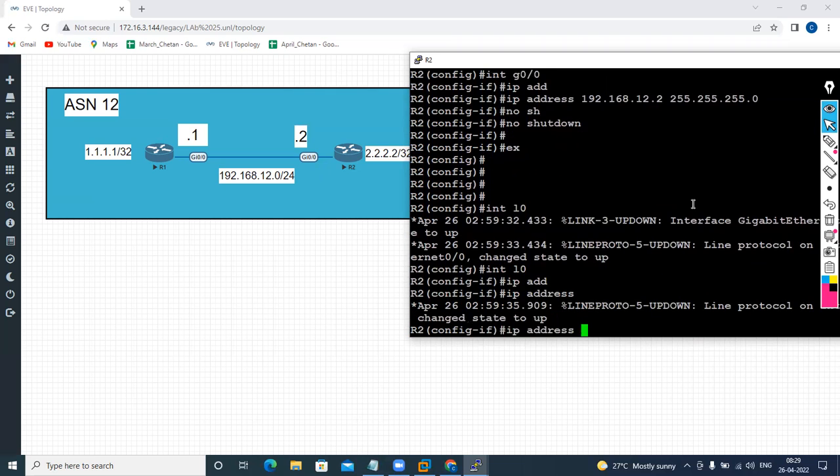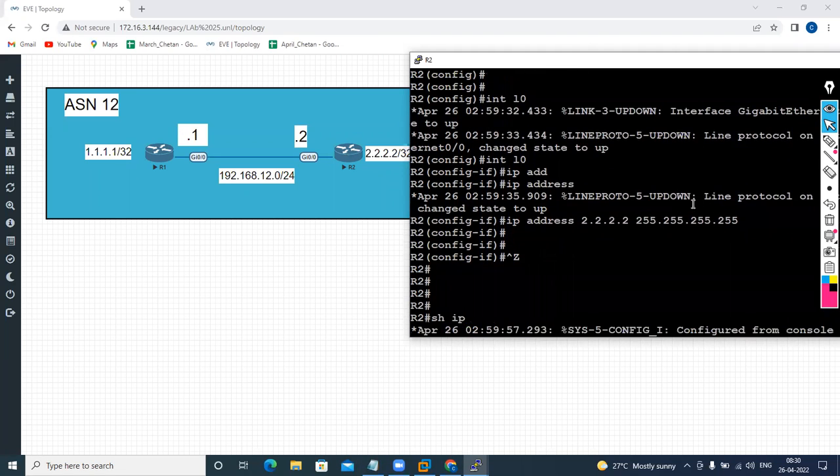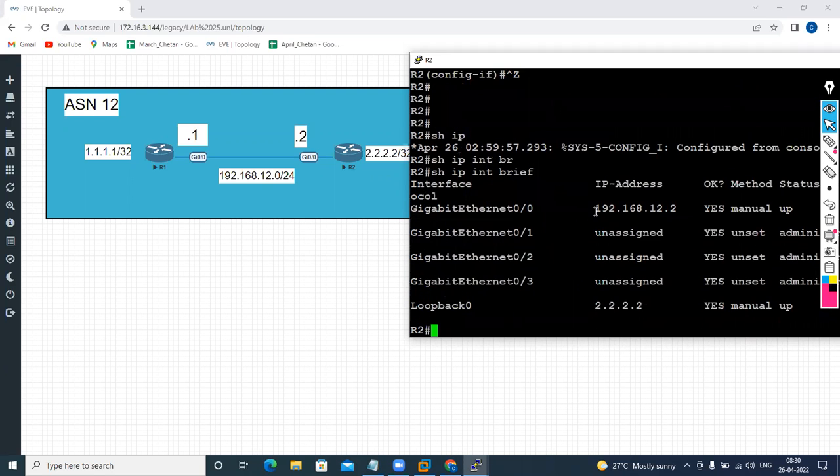So the IP address will be 2.2.2.2/32. Show IP interface brief. So 0/0 is assigned with 12.2 and we have loopback 2.2.2.2.